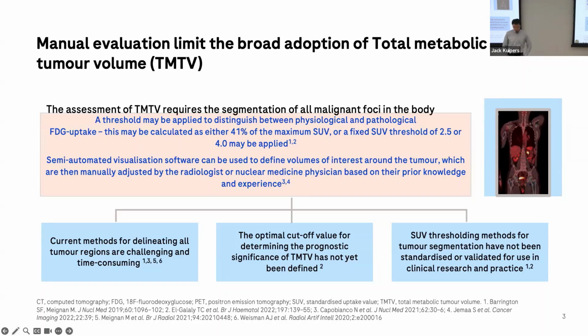First of all, a certain threshold needs to be selected by the radiologist to distinguish between the background signal and the lesion-related signal. There are different criteria that can be used. Here I listed a couple of them, based on different absolute SUV values, or maybe 41% of the maximum SUV value.